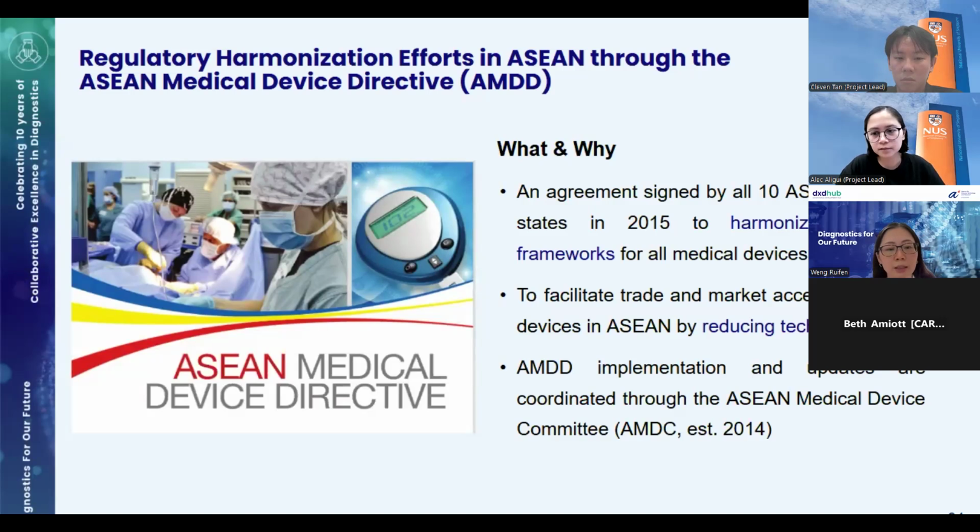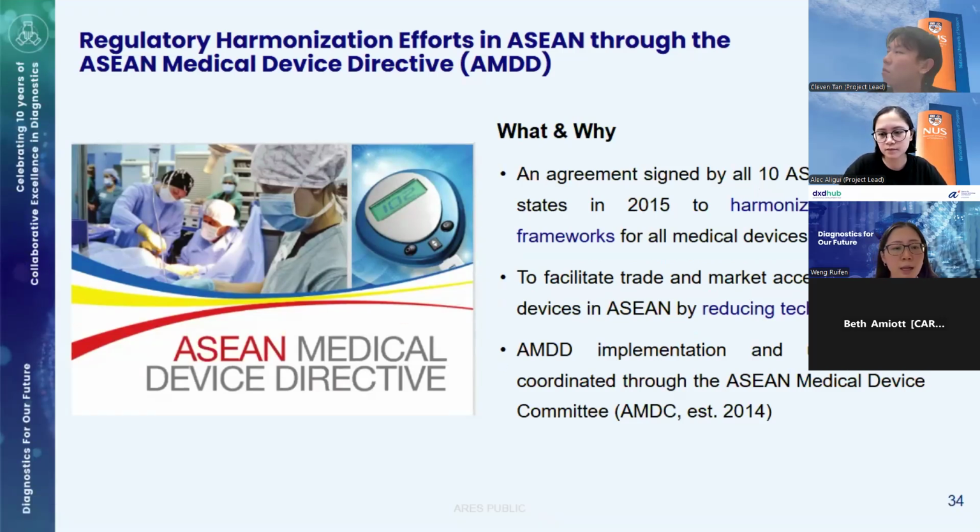Briefly, AMDD is an agreement that was signed in 2015 by all ASEAN member countries. This was an effort to facilitate trade and market access for medical devices in ASEAN by reducing the technical barriers required for product registration in the region.